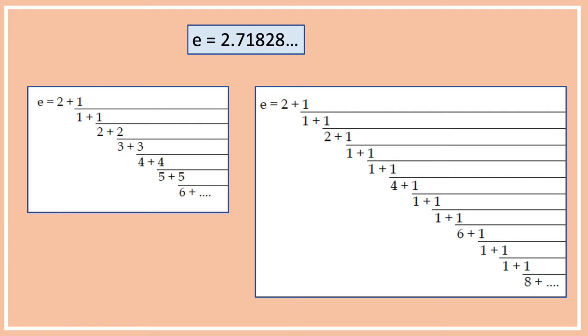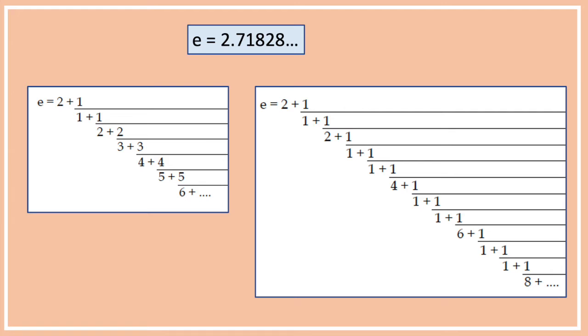On the right, we have a different structure of how Euler's number E can also be represented. And here we see, especially in the denominators, a very symmetric structure that shows us 2 per 1 plus 1.